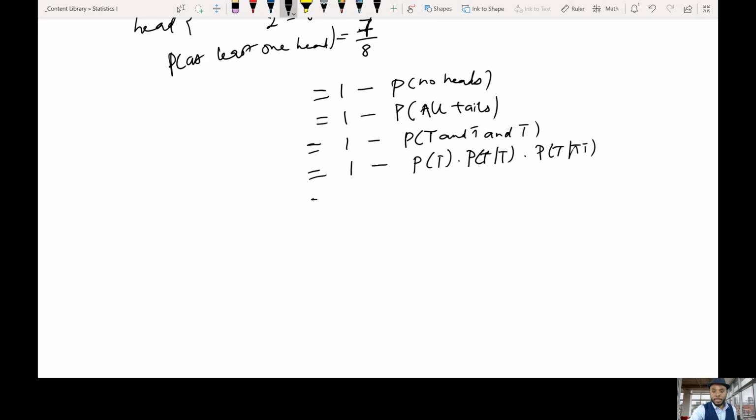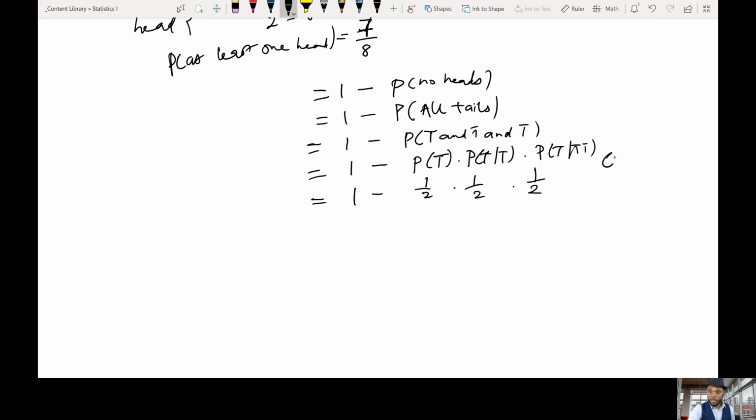Okay, so this is simply equal to 1 minus the probability of a tail, which is 1 over 2. The probability of a tail given that a tail has occurred are independent, so that's simply the probability of a tail, the same thing as 1 over 2. The probability of a tail given that the other 2 tails have occurred is also independent, so that's also 1 over 2.